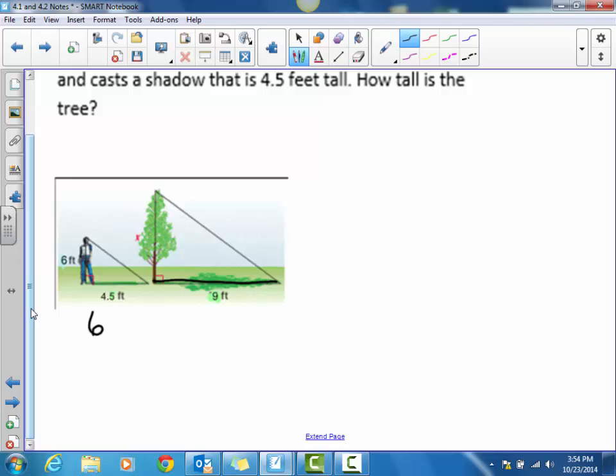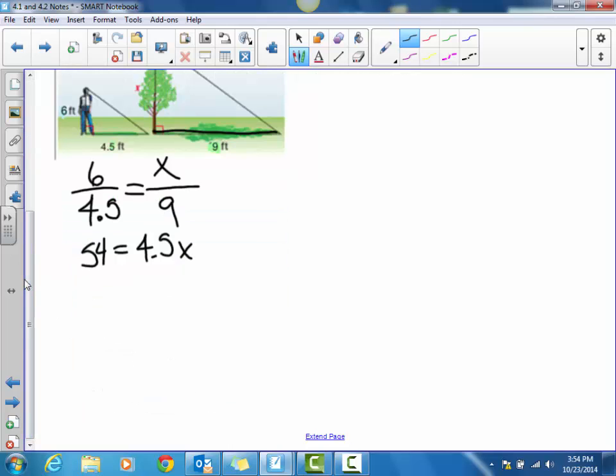So if I were to take Jeff's height compared to his shadow, it is proportionate to the tree's height compared to the tree's shadow, and I cross multiply, I have that 54 equals 4.5x.